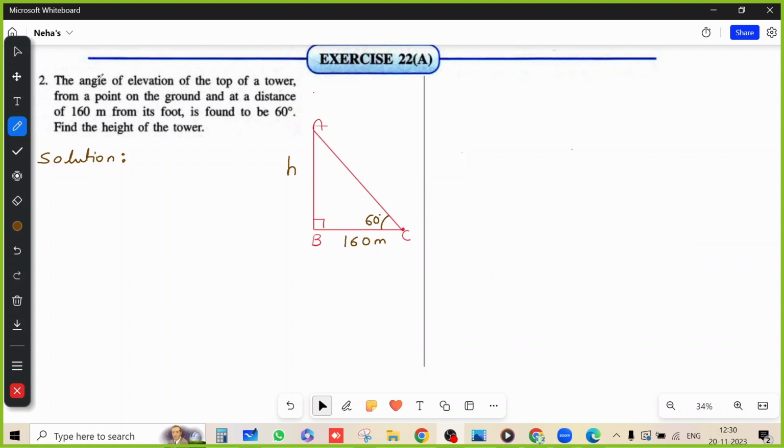And it is also given that the angle of elevation, which is angle ACB, is 60 degrees. So we have to find the height of the tower. Let h be the height of the tower AB in meters.